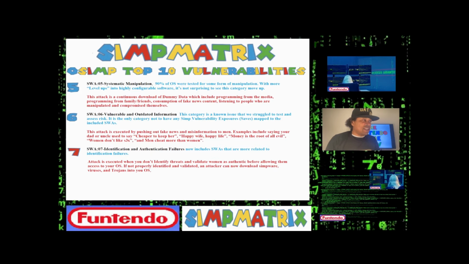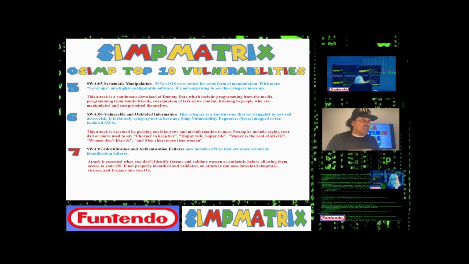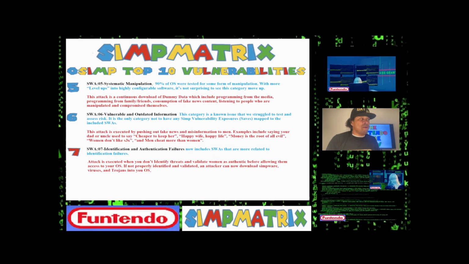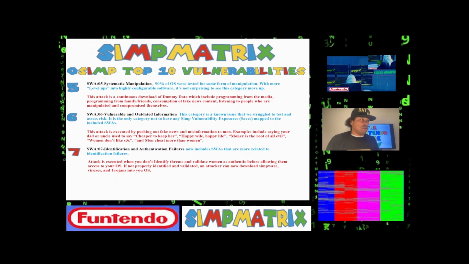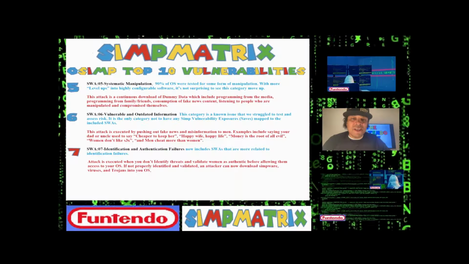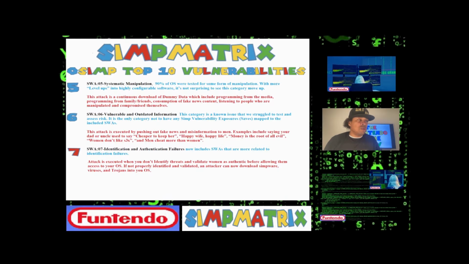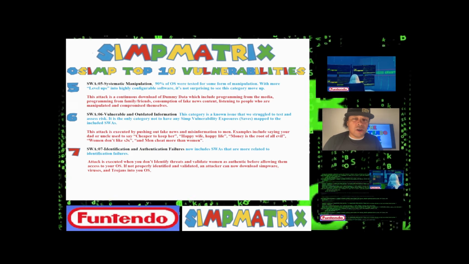This attack is a continuous download of dummy data, which includes programming from the media, from family and friends, consumption of fake news content, the included simp weakness attack. This attack is executed by pushing out misinformation to men. Examples include your uncle or dad saying, cheaper to keep her.